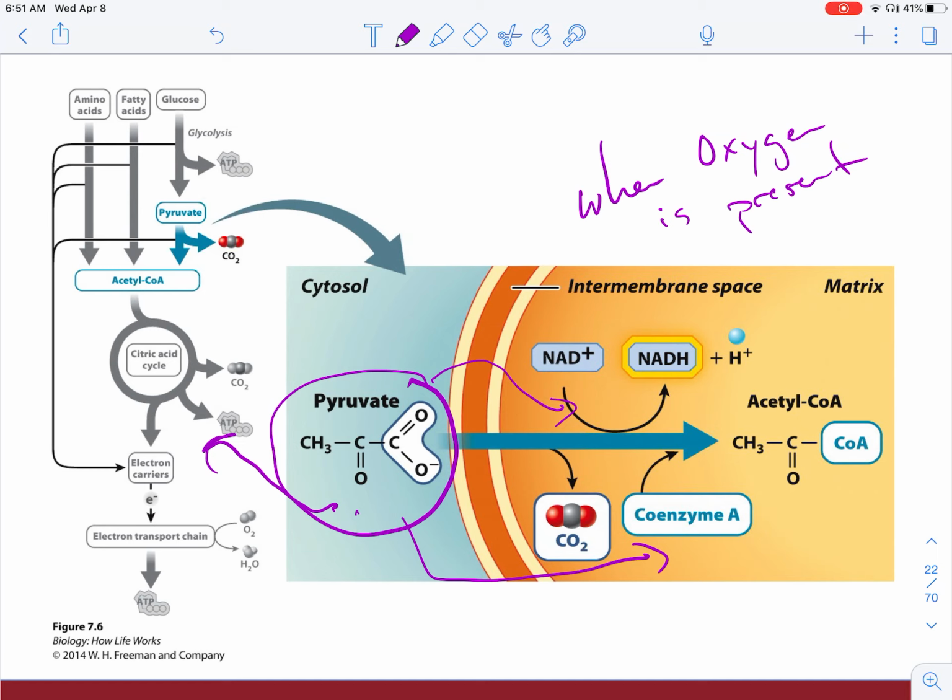And you can actually look at this pyruvate and see that there is a nice little CO2, so that would be a carbon dioxide unit that's ready to go off of this pyruvate. And so in this process, you chop off that carbon dioxide. This actually forms the first of three processes that remove carbon dioxide as a waste product.